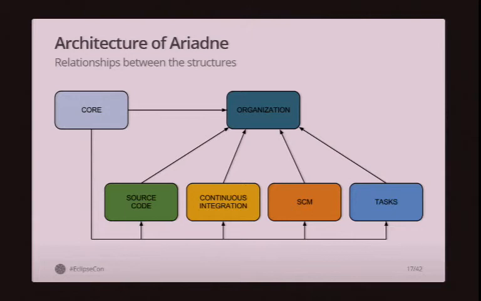The source code one, which, as it says, describes all my technical artifacts, continuous integration, of course, for the continuous integration, SCM for Git, etc., task, and the organization one, which will store a higher level of information to describe the project itself, the organization in which the project is created.